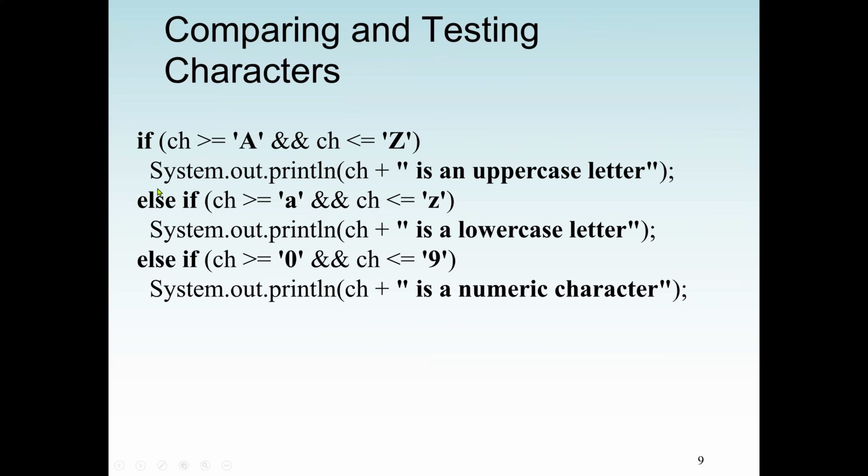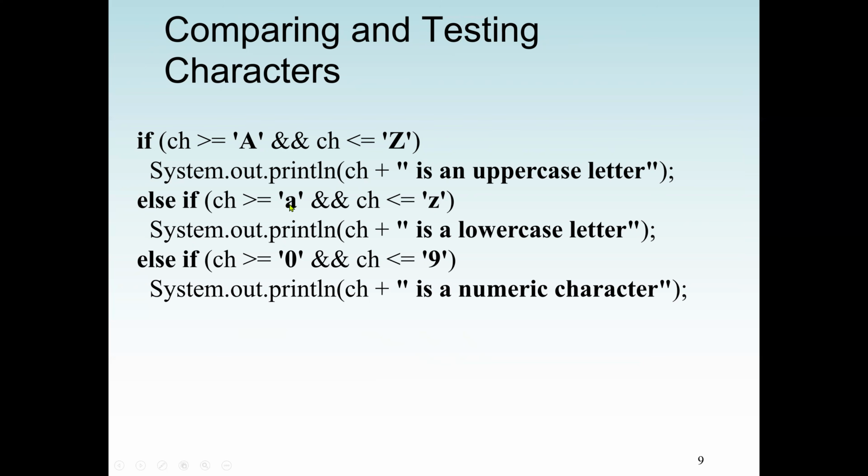We have more examples here. For example, we use if ch is greater than or equal to 'A' and ch is less than or equal to 'Z'. This means we have an interval between uppercase A and uppercase Z. Then we print that it's an uppercase letter.